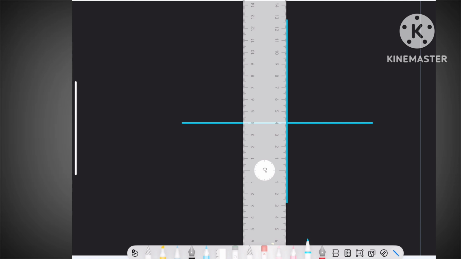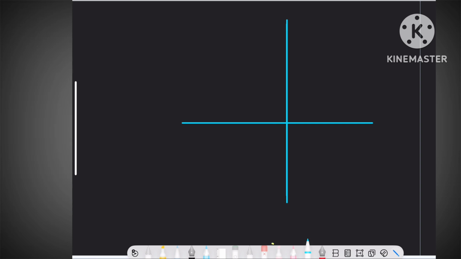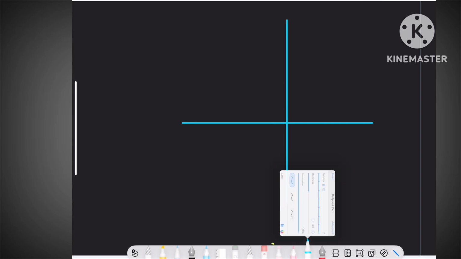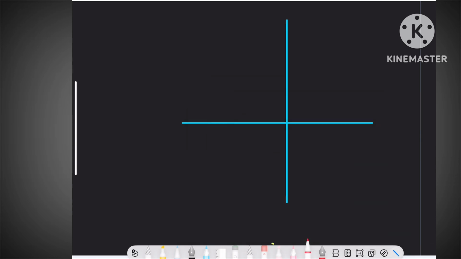So here we're drawing two lines, like a plus sign. This line I am showing in a different color, in red color. From here, there are basically four parts in the system. I'm telling from the side of maths. First, second, third, and this fourth.